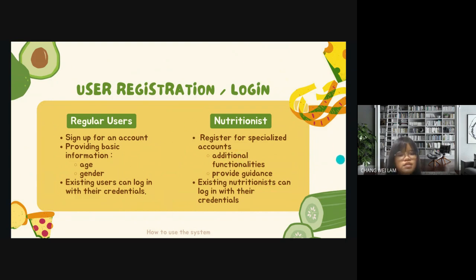And the next one is nutritionist. The nutritionist registers for a specialized account, which has additional functionalities such as access to the user information and giving recommendations and comments based on their information and their nutrition goal. The existing nutritionist can also log in with their credentials.